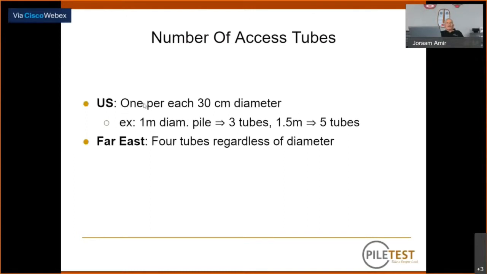ASTM standards say that you use 1 tube for each 30 centimeter diameter. So if you have a 1 meter diameter pile, you need 3 tubes, 1.5 meter, 5 tubes. In the Far East, which means China, Vietnam, Malaysia, normally they use 4 tubes regardless of diameter. Even on very large piles, they use only 4 tubes. I don't know what's the situation in Indonesia.